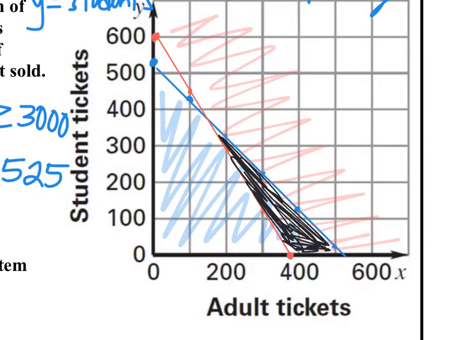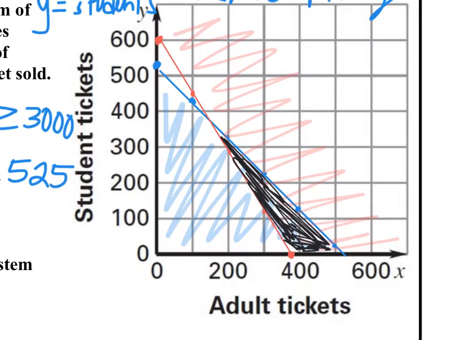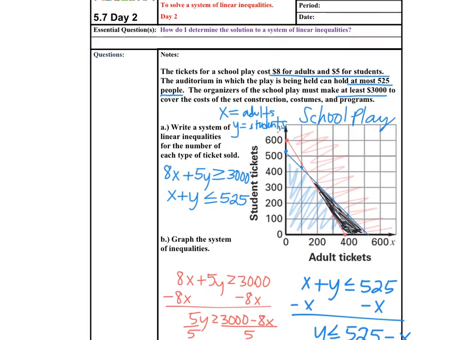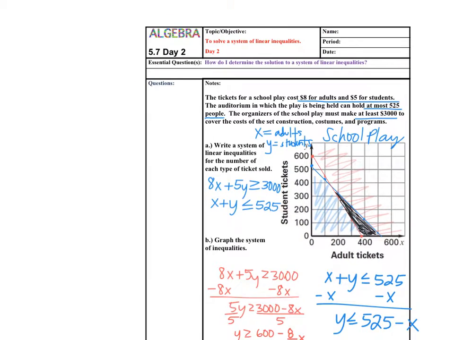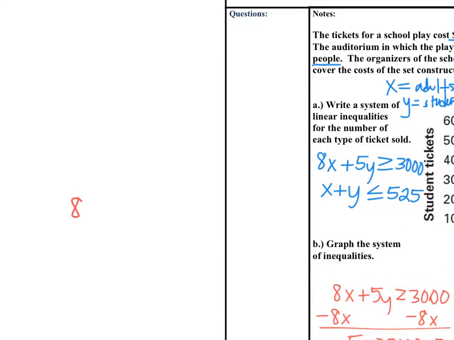I'm going to show you one more thing. I don't need you to write this down, but just so you can see, if you're having trouble graphing it because there's a decimal or something, then you could find the x-intercept. So if I wanted to find the x-intercept for 8x plus 5y greater than or equal to 3,000, like we know that the y-intercept was 600.